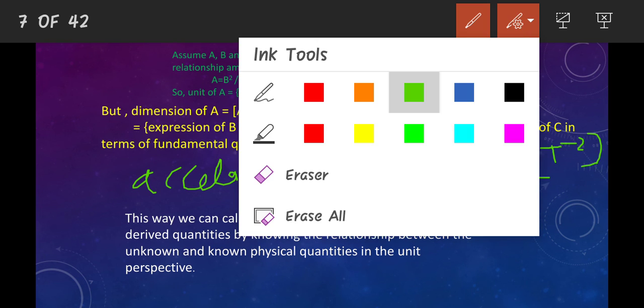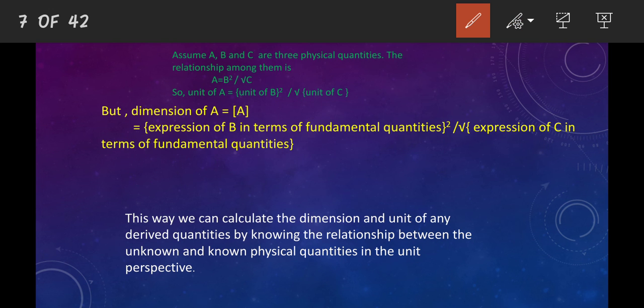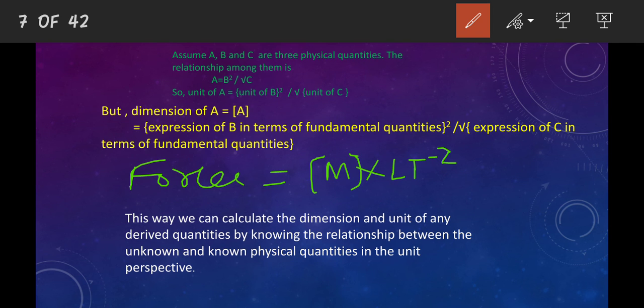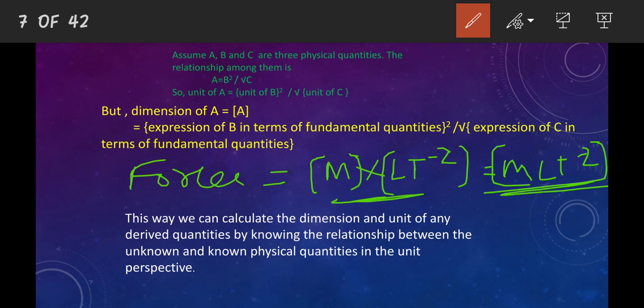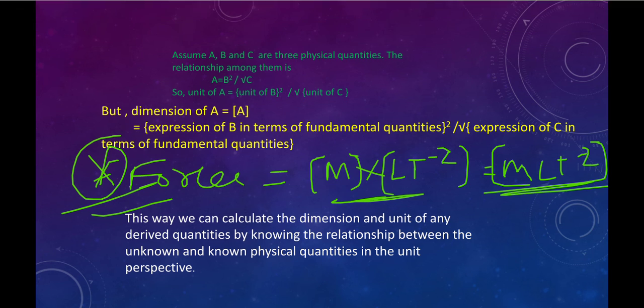So now we come to force. Force is equal to mass into acceleration, so M into LT to the power minus 2. So only connect these two, and that is MLT to the power minus 2. This is our dimension of force, an important dimension. Okay, we have to remember it.